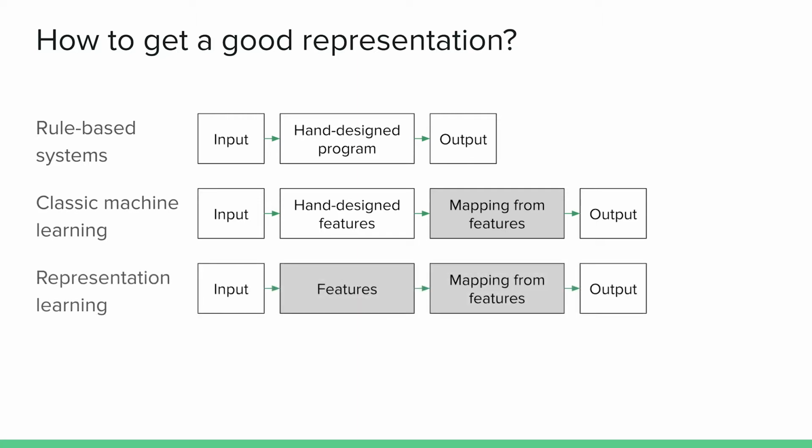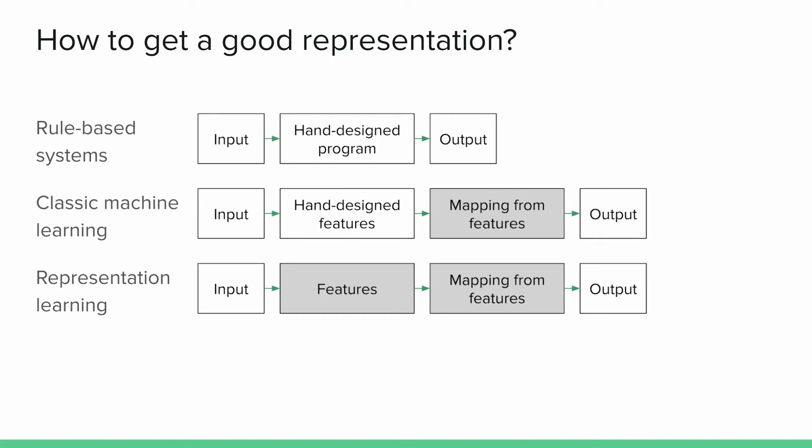And when we now talk about representations, we want these features that are being used to map to the output not to be hand designed by someone who's thinking about, oh, I think maybe edges and colors are important here, but we actually want the machine to automatically extract meaningful features by itself.